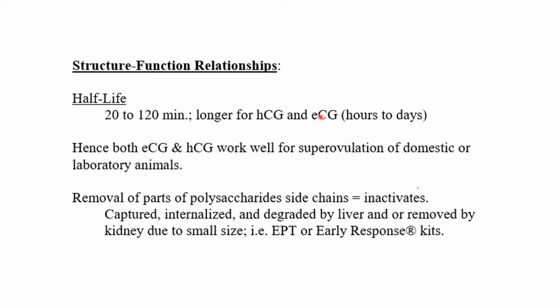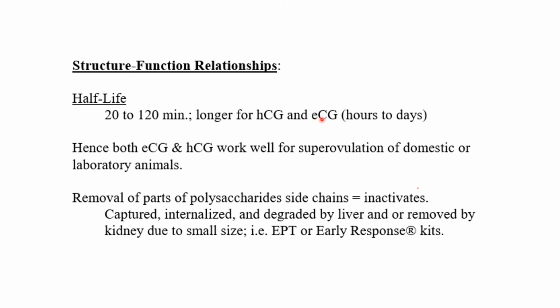So ECG or PMSG will bind to FSH receptors at high doses, and HCG will bind to LH receptors at high doses. So the half-life for these two are longer because they've got more carbohydrate attached. And when we look at just these two, HCG has a longer half-life than ECG or PMSG. So what happens is we give one shot to a pig. The first thing that happens is ECG binds to FSH receptors and stimulates follicular growth.